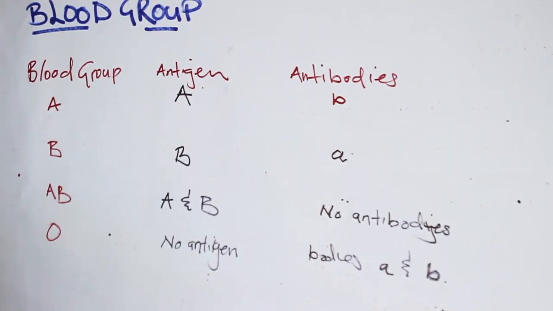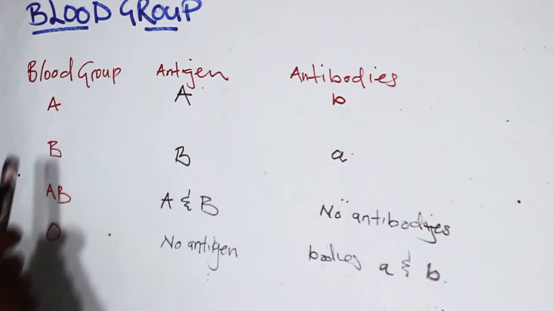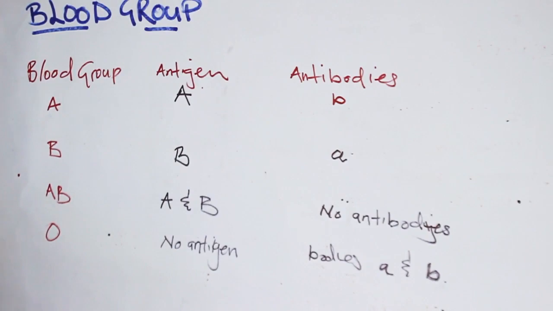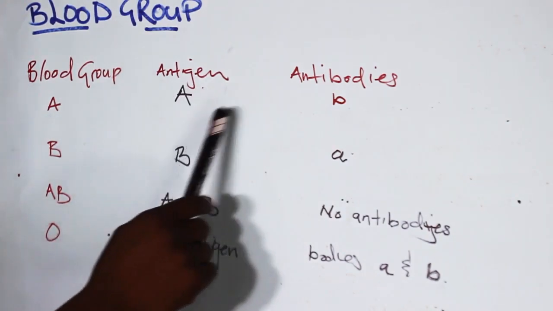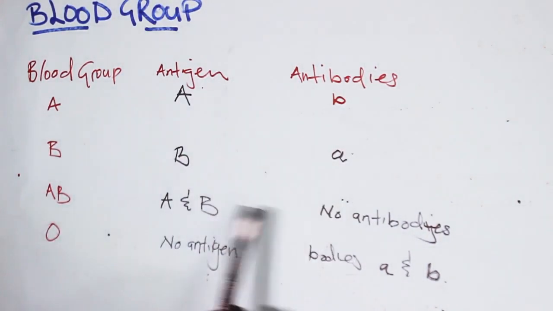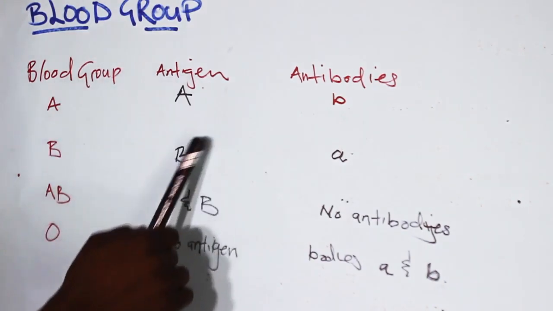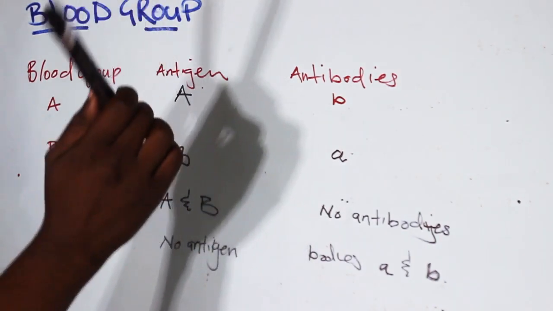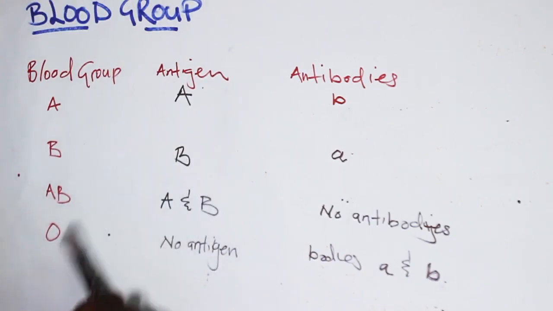So ladies and gentlemen, that's about the blood group, how the blood donation works. So your blood, if you're going to donate blood to somebody, it has to have the matching. The tissues should be matching. If you're an A, you donate blood to A, meaning you've got the same antigen, you've got the same antibodies.